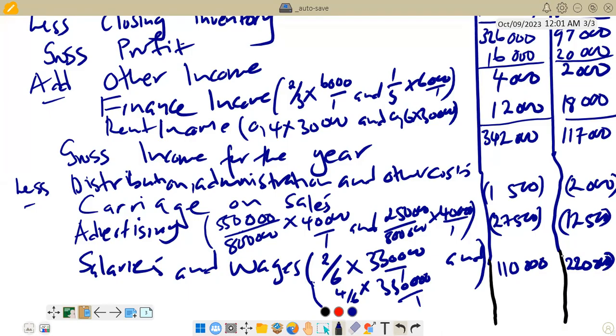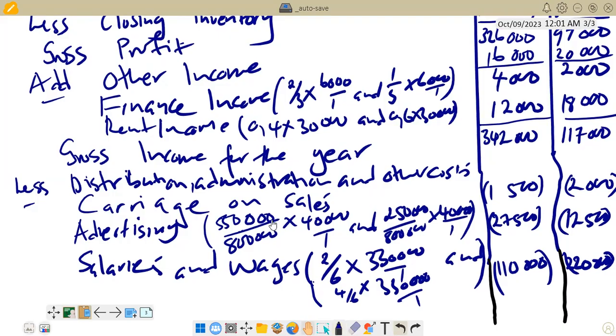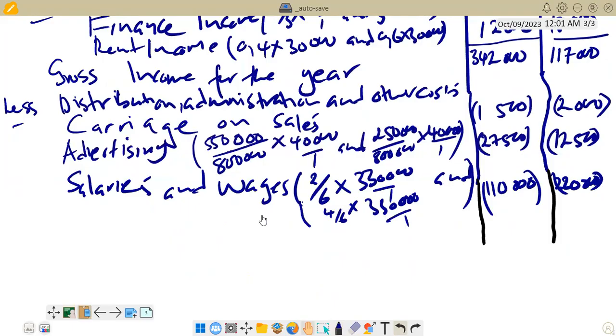Then we show it in brackets as we are subtracting. So this marks the end, the last cost that we have. So now we can put our lines there and show the final figure.